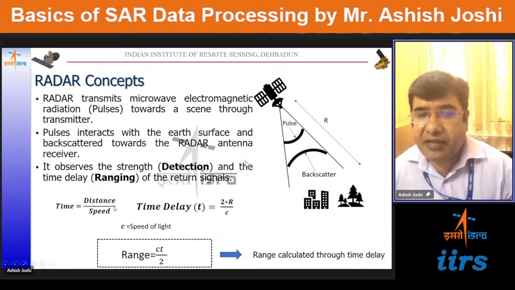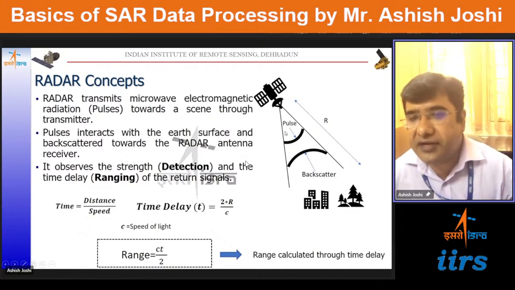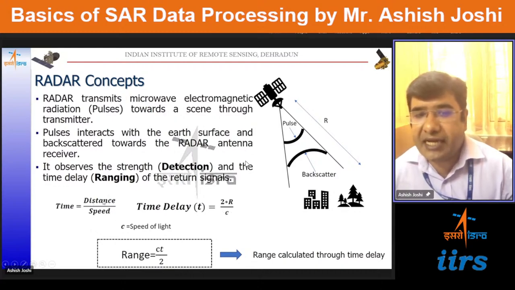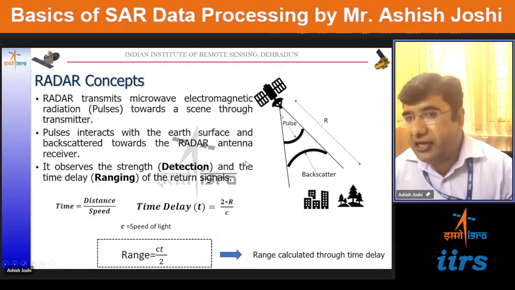From the basic formula, time is equal to distance upon speed, we can calculate the time delay as distance by speed. This is electromagnetic radiation, so it travels with the speed of light. We replace speed with the speed of light, c, and the distance is R, which is called the range.